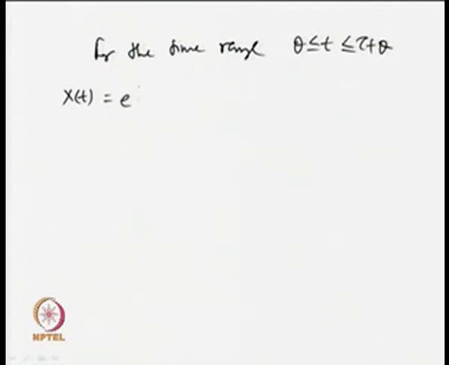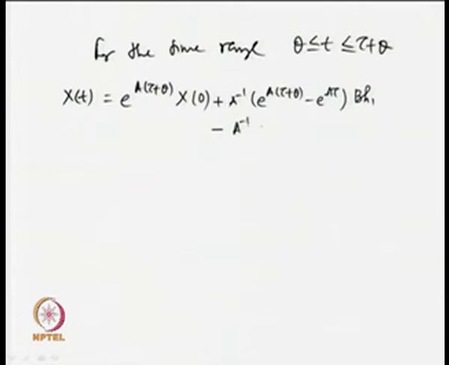For the time range theta is less than or equal to t is less than or equal to tau plus theta, x(t) will have the final form given by e to the power A(tau plus theta) x(0) plus A inverse [e to the power A(tau plus theta) minus e to the power A tau] B h1 minus A inverse [e to the power A tau minus 1] B h2.